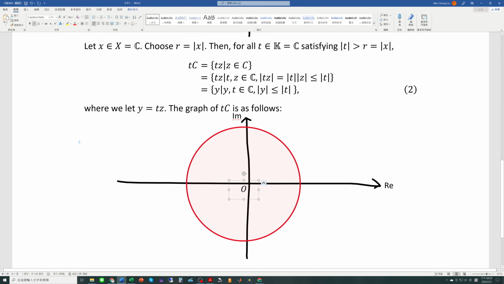So the radius of this disk should be the absolute value of t. Let me copy and paste here. Good.